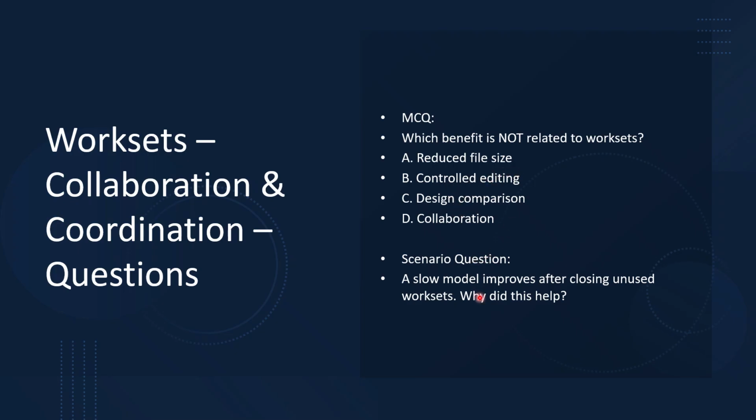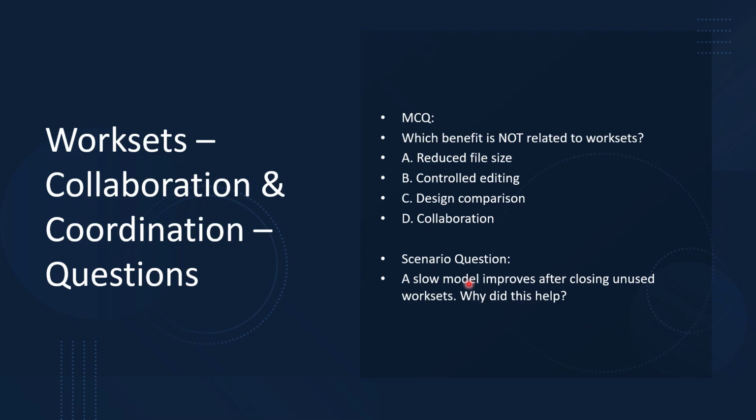Next question, a slow model improves after closing unused worksets. Why did this help? So we have a slow model, and it is improved after we close unused worksets.